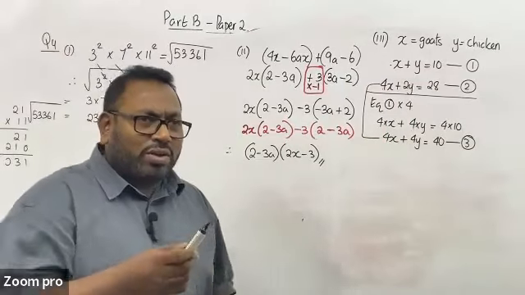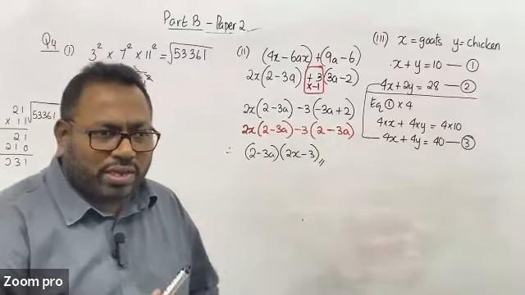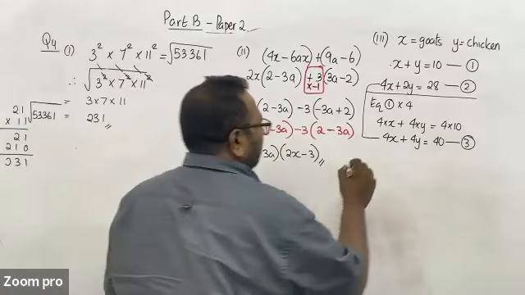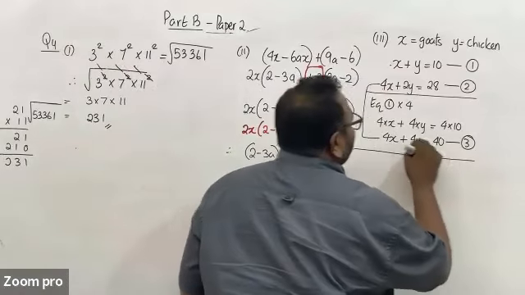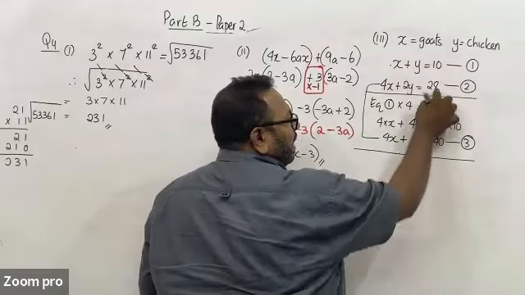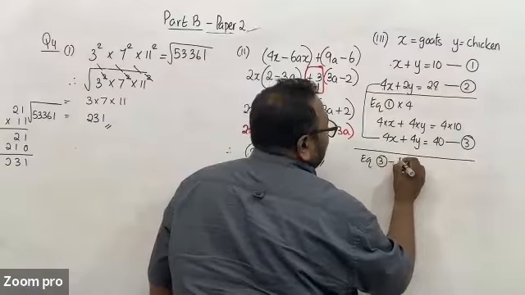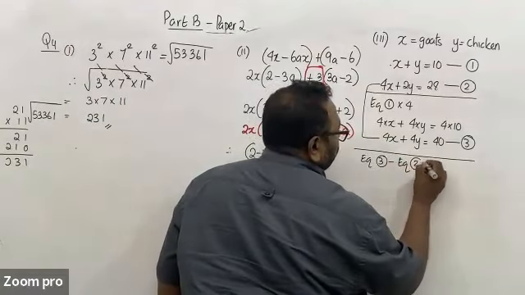What is the rule? If coefficients are equal and the signs are also equal, we subtract. So we can subtract, because 40 is bigger, we will subtract 3 minus 2. So equation 3 minus equation 2.